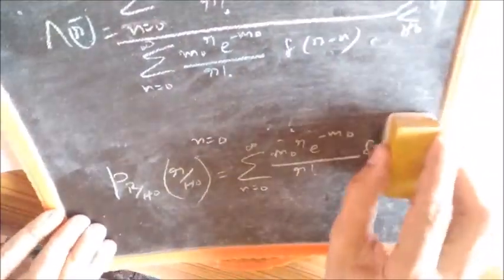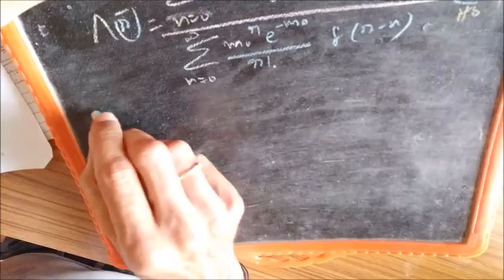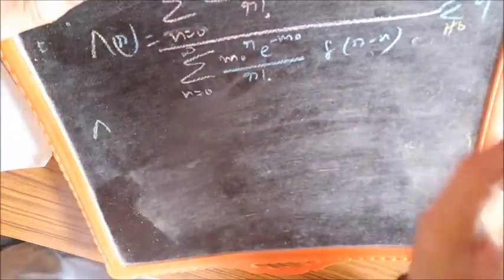Now if you carefully observe this, of course I don't have to write vector because what we have received is just one discrete random variable.